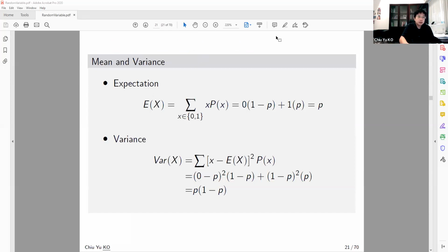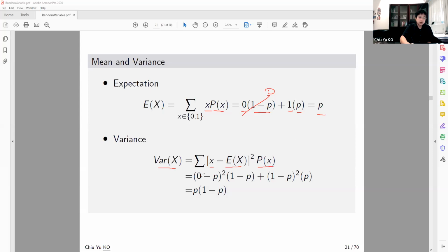So expectation is X times P of X. The two values are either 0 or 1, where 0 has probability 1 minus P and 1 has probability P. So that's why this is 0, and this is P. Now calculate the variance. It is X minus its expectation, squared, and weighted by probability.